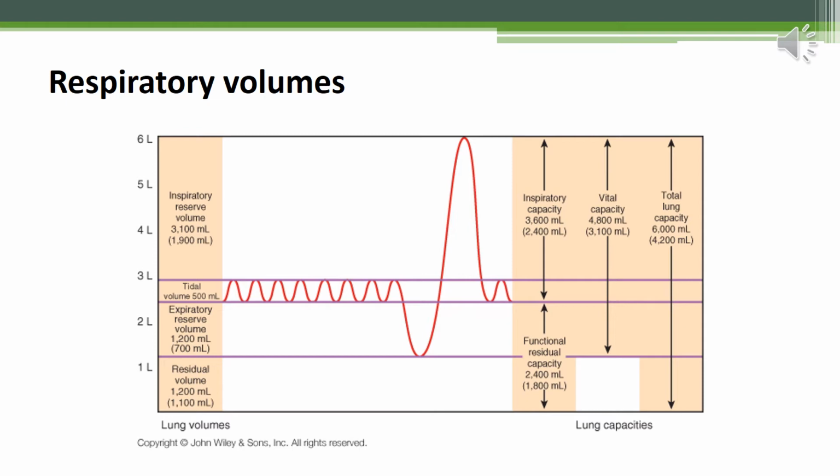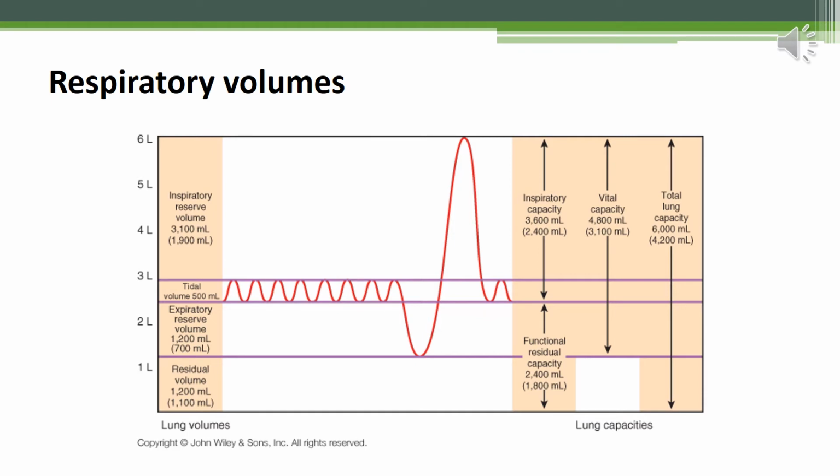This chart just shows the amount of air involved with each type of respiratory volume. And we're just going to really focus on the maximum numbers in this. I originally thought that the larger number was for the male and the smaller one was for the female, but honestly I have my doubts, so we'll just focus on the larger number.